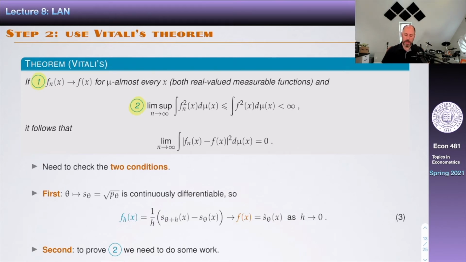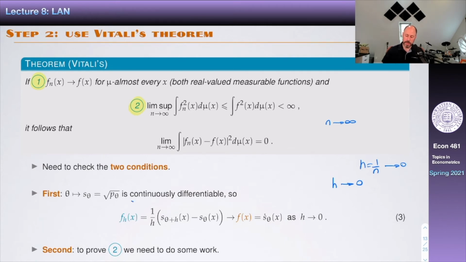So first, the mapping theta to S theta is continuously differentiable. If we define f of h as 1 over h times s of theta plus h minus s of theta, this is a function of h, not a function of n, but this is just notation. The statements before were as n goes to infinity, and here we're going to have statements as h goes to 0. So imagine that h is just 1 over n if you want to connect them.